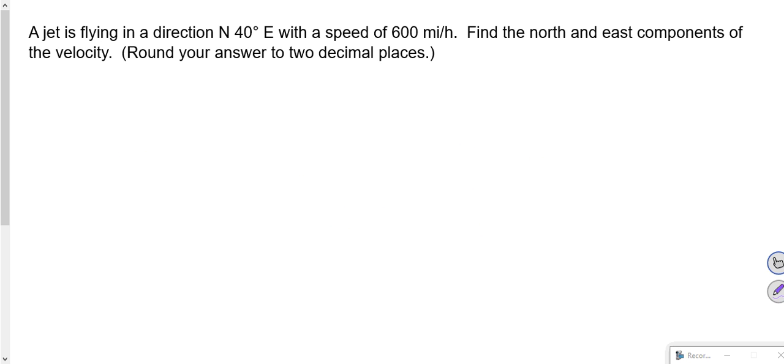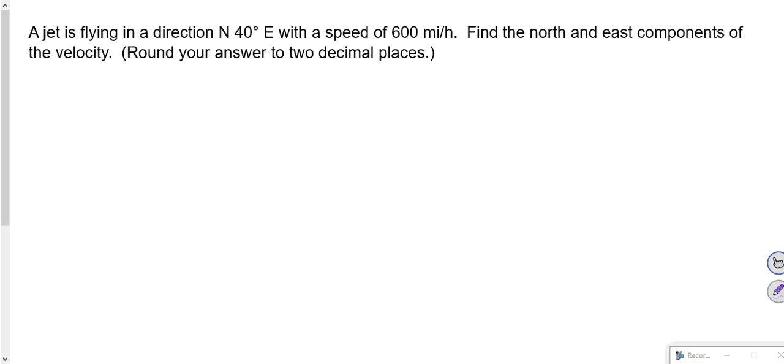A jet is flying in a direction of north 40 degrees east with a speed of 600 miles per hour. That speed is our magnitude. Again, I told you the magnitude can either be force, it can be velocity, speed. That's what magnitude can represent in the real world in problems. So find the north and east components.